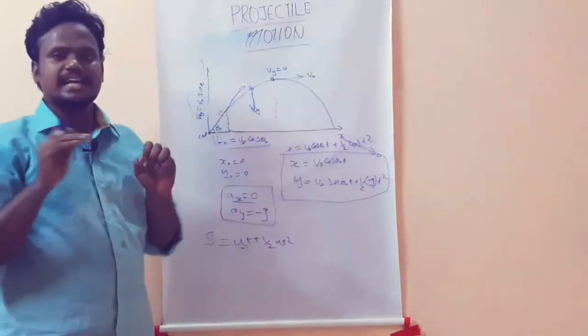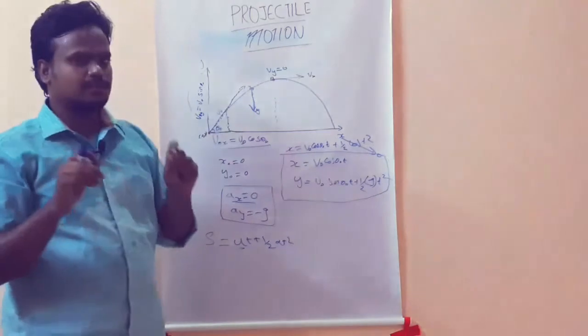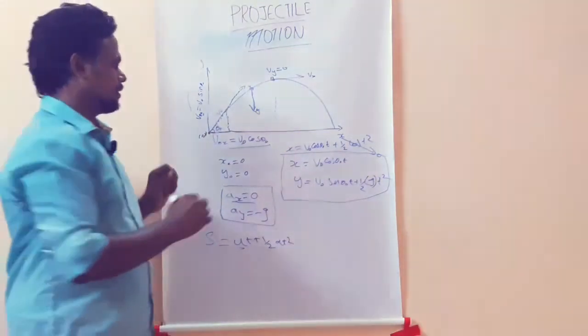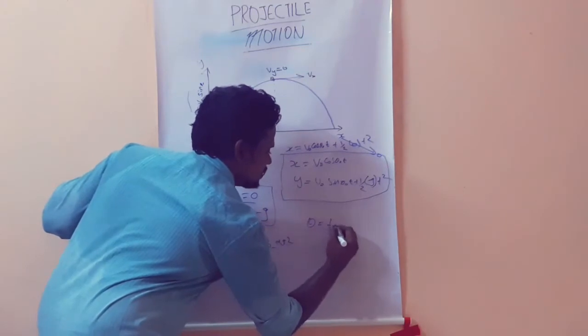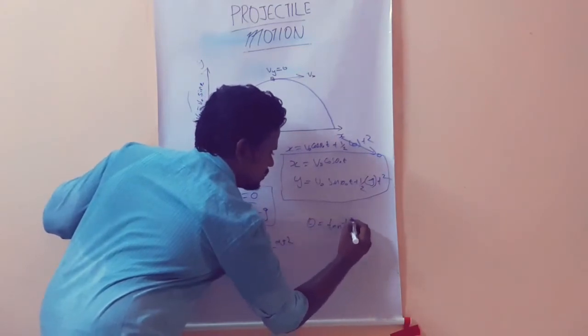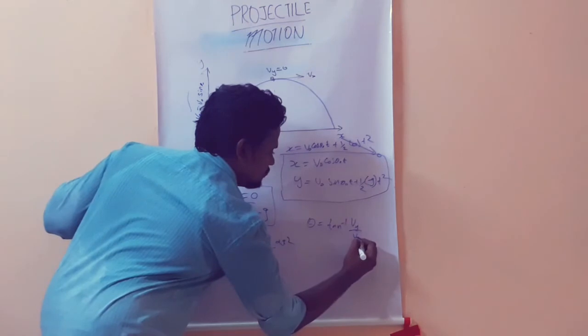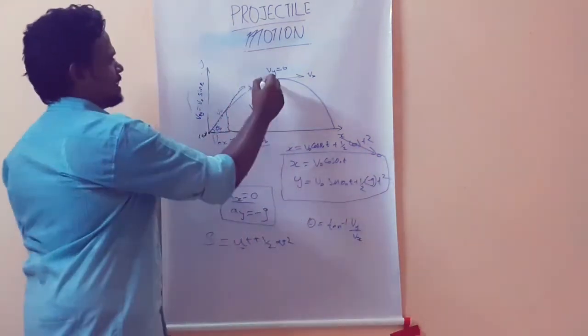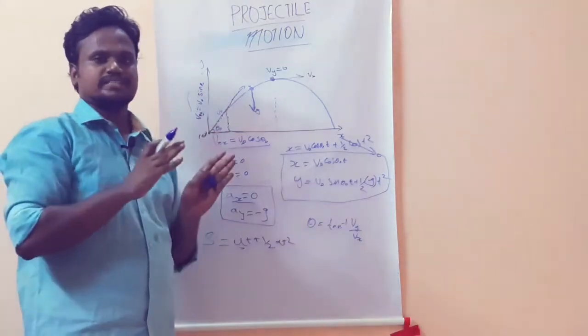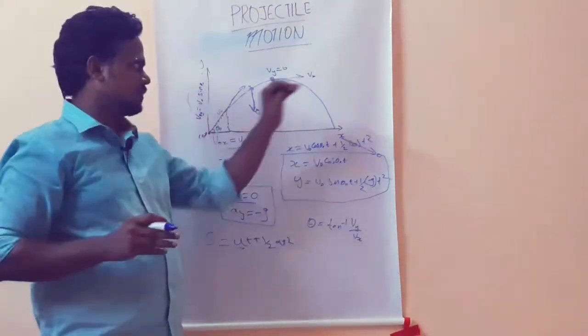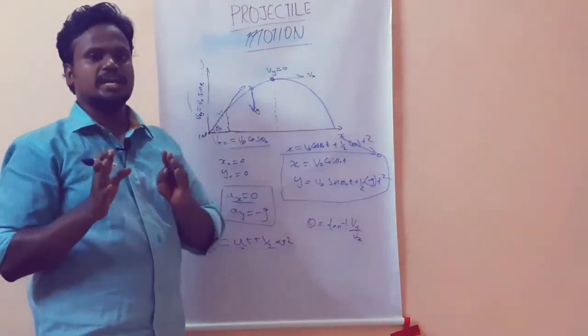Now when the projectile reaches the maximum height, the angle of projection is going to be 0. We can verify with this one, theta equal to tan inverse of Vy divided by Vx. At maximum height, the y component of velocity is going to be 0. However, the Vx is going to be a constant.